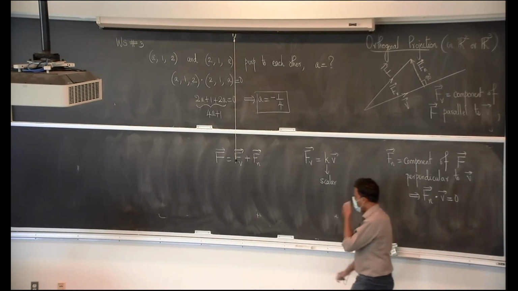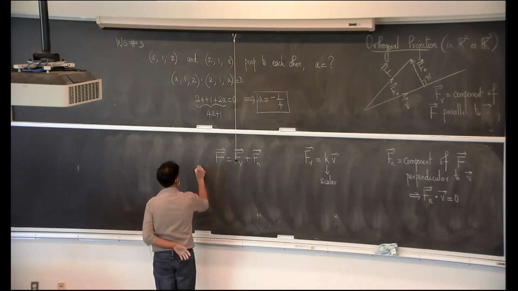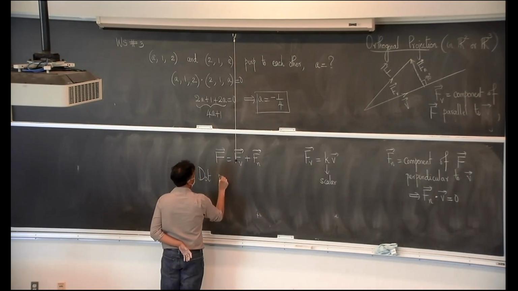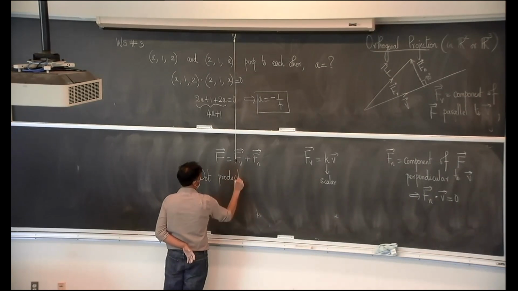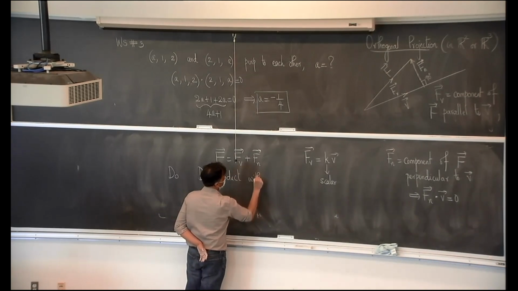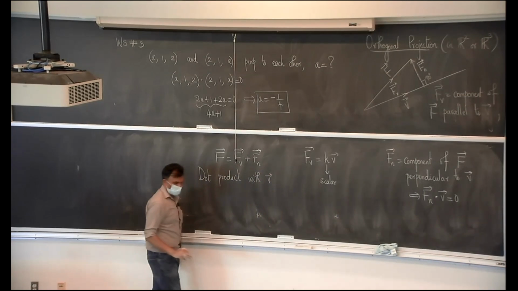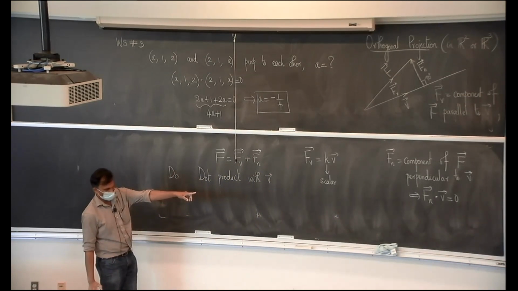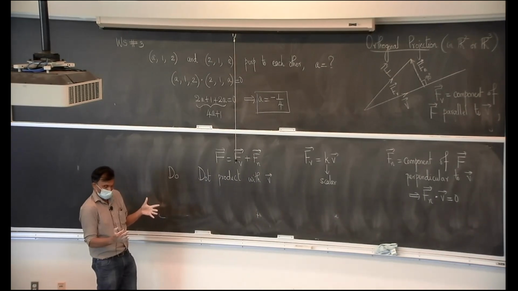So to do that, we'll just do a dot product of this whole equation with respect to V. It's a clever trick because we know that Fn dot V is equal to 0, so that eliminates one of them.